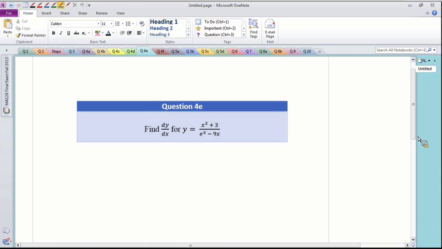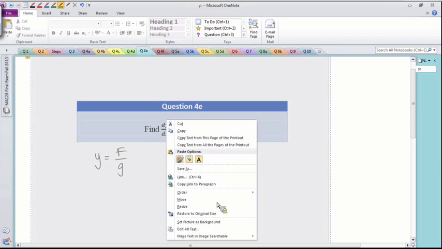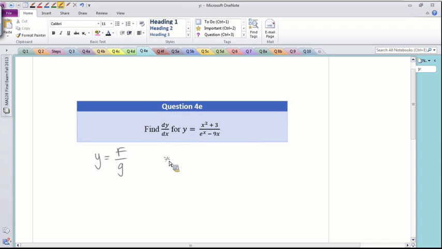So finding derivatives, we'll have to use the quotient rule. So let's reiterate what the quotient rule is. If y is equal to f over g, then y prime is equal to g times f prime minus f times g prime, all over g squared.